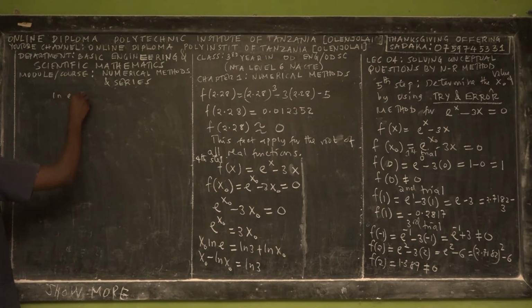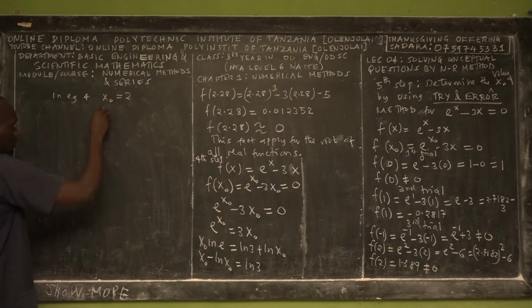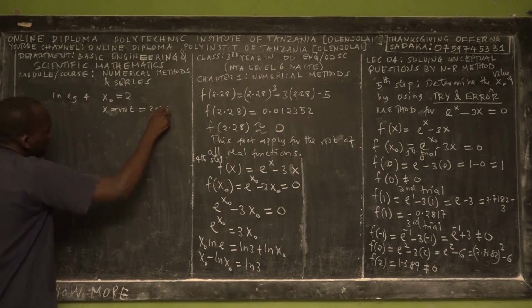Let me just show you so you understand. In example 4, x naught was 2. Root, so x, which is equal to approximate root, is equal to 2.28.